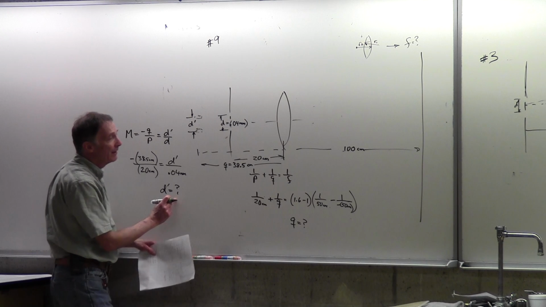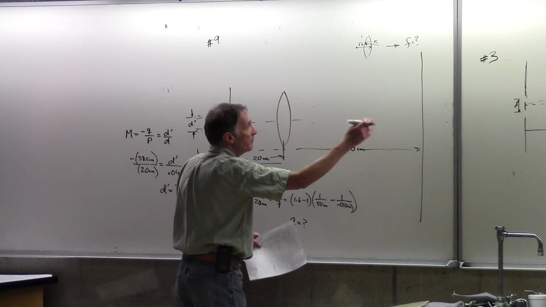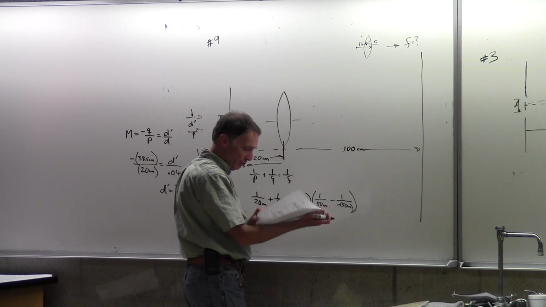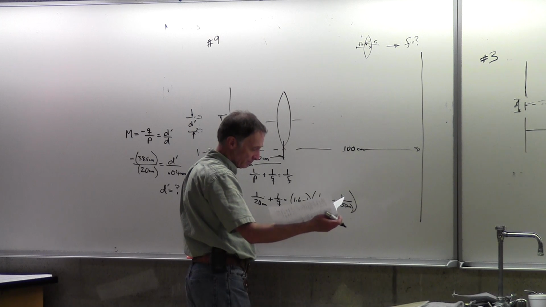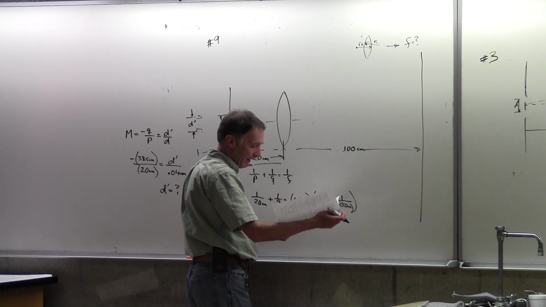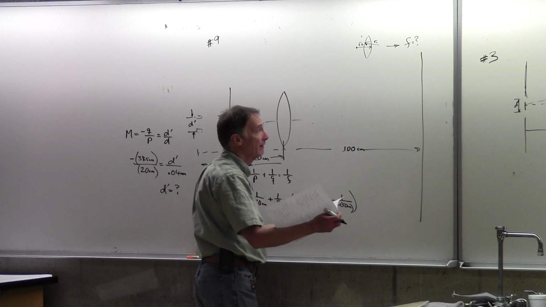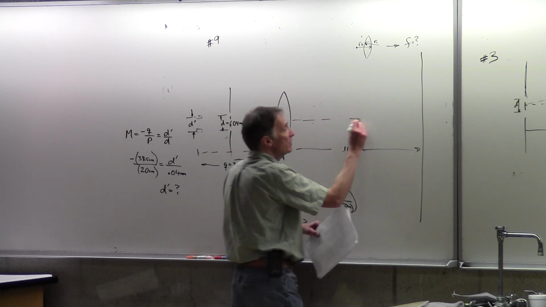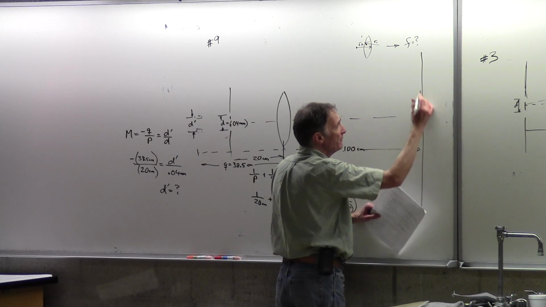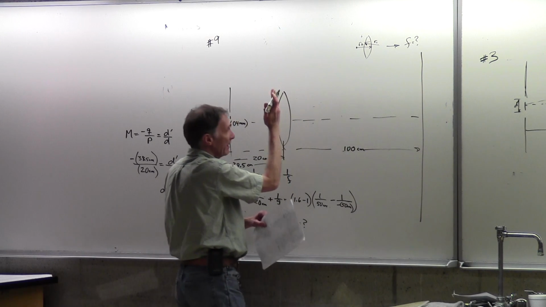Now then, the idea that out on the screen, if we wanted to form an image, he's going to have a wavelength of 632 nanometers, so he's got a well-defined wavelength. He's going to want to see what happens to the shifting of that pattern when we stick that lens there.